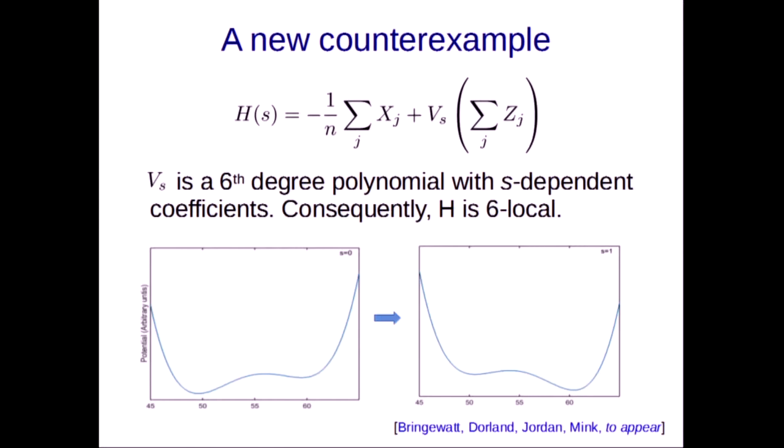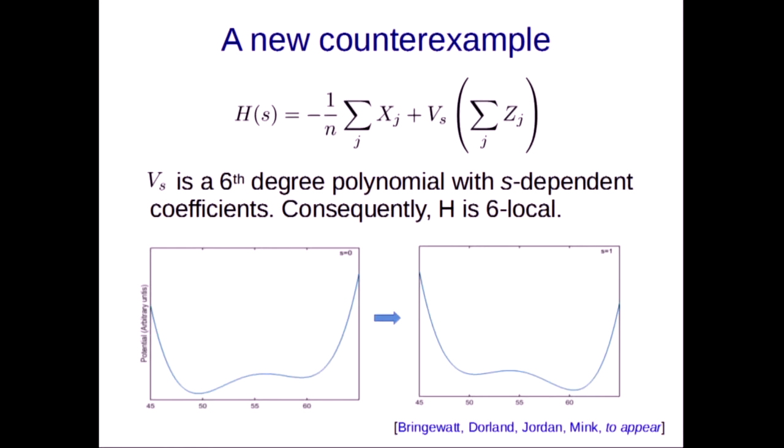This function is a degree 6 polynomial, so that implies that this Hamiltonian only involves up to 6-body interactions. This polynomial has coefficients which depend on s, the parameter that we vary from 0 to 1 during our adiabatic process, so that the potential shifts over time.